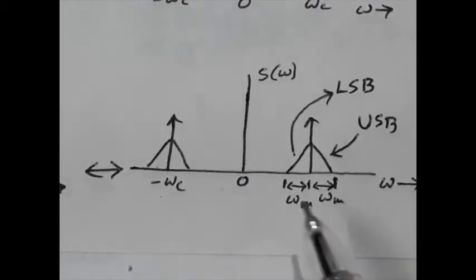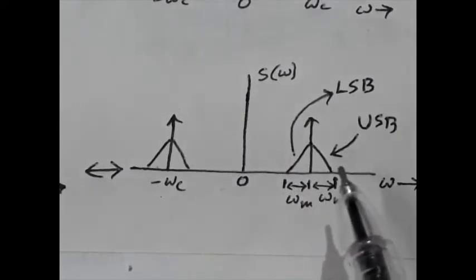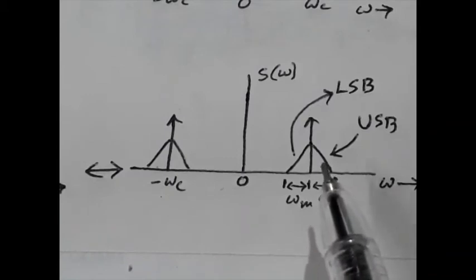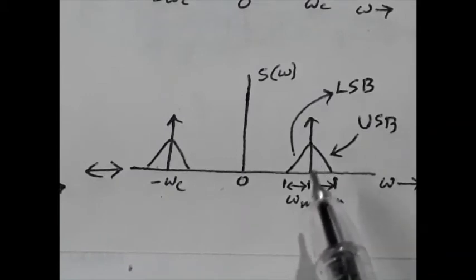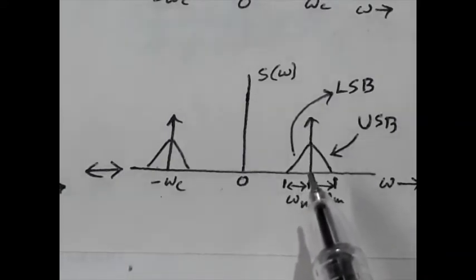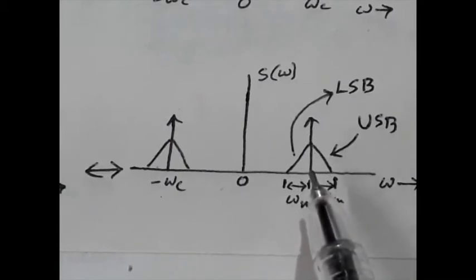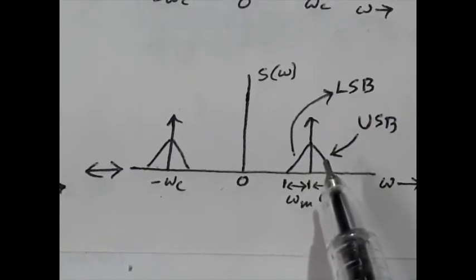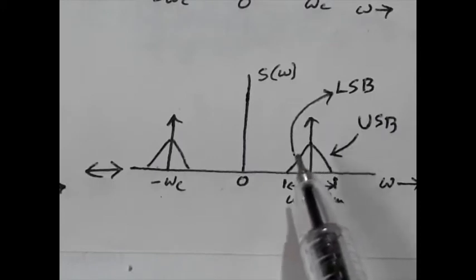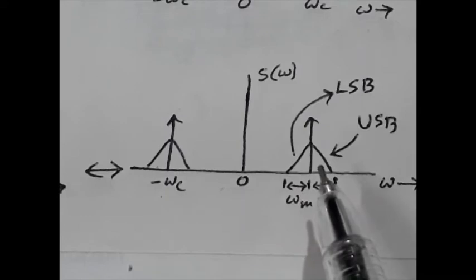So from this figure, it is clear that the spectrum of AM consists of three distinct parts. One is the carrier, this one, at frequency ωc. So this is the carrier part. Now the actual information is contained within this region, because x(t) is the actual information.